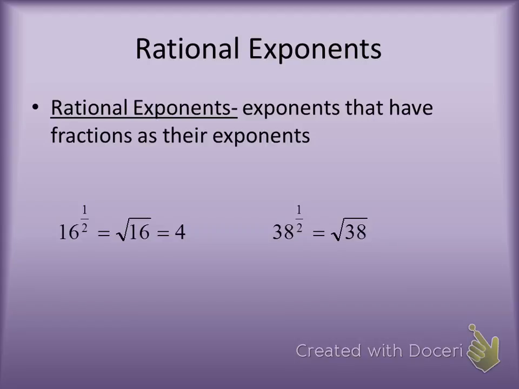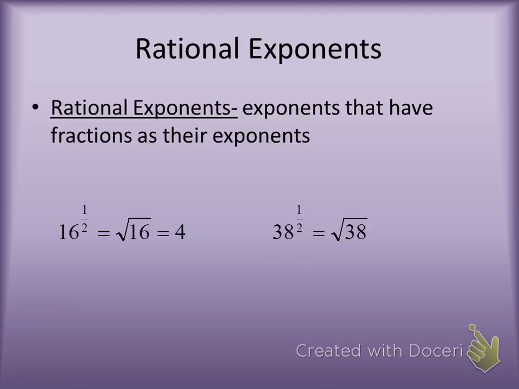Rational exponents are, does anybody know what those two symbols are up there? Square roots. Rational exponents are just square roots. They are actually all different types of roots. And here's where some of this is going to be a little over your pay grade, above you guys' concept level.